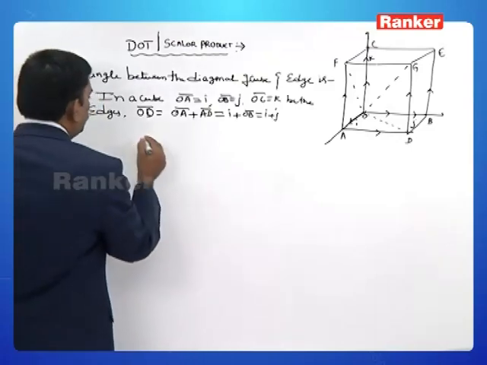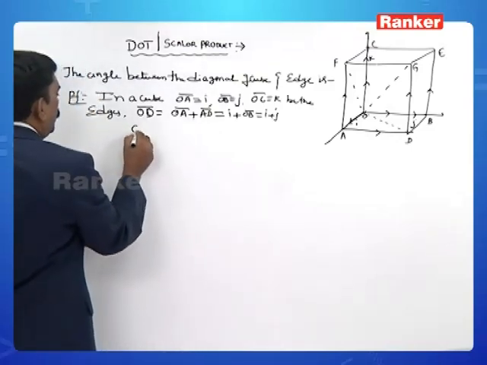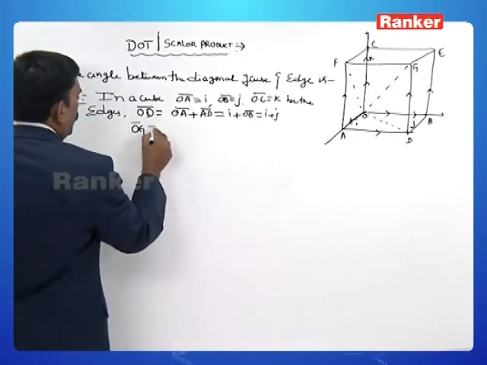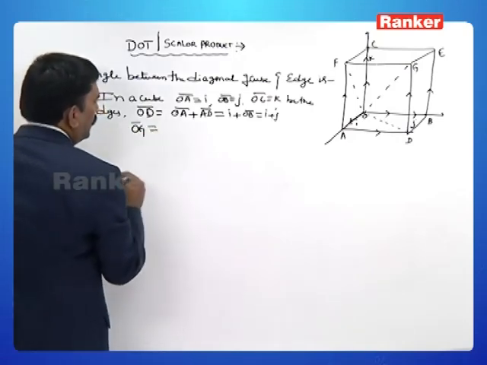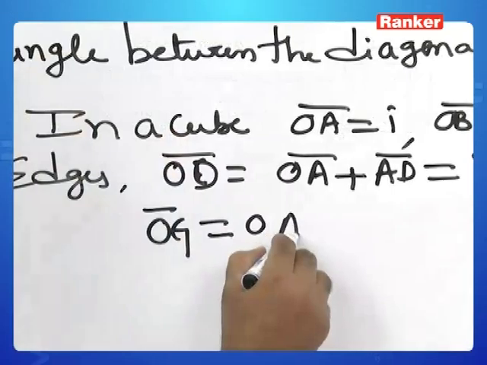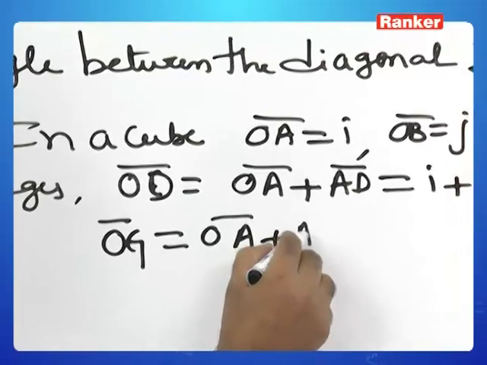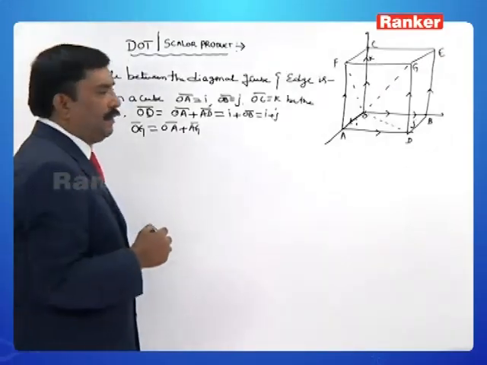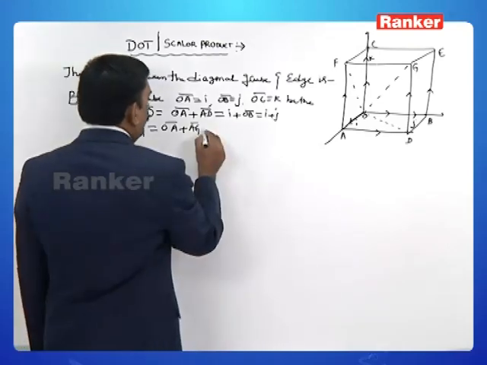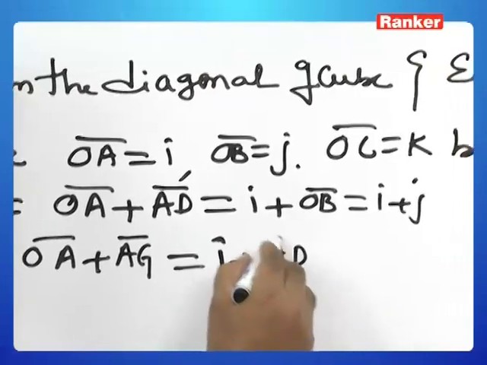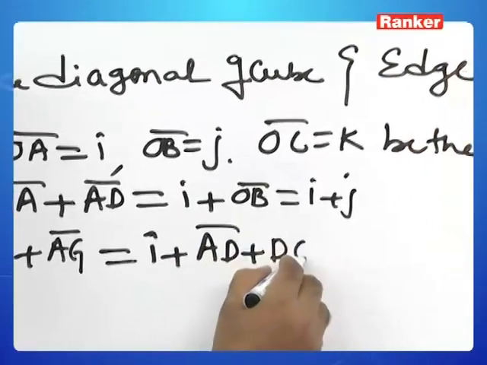Meanwhile, I go to OZ bar. What is OZ bar? OZ bar is equal to OA bar plus AZ bar, by using vector addition. OA bar is equal to I. AZ bar is nothing but AD bar plus DZ bar.